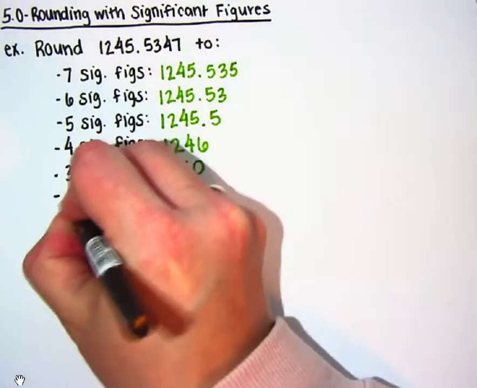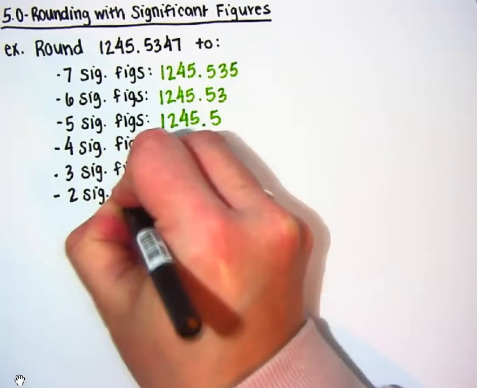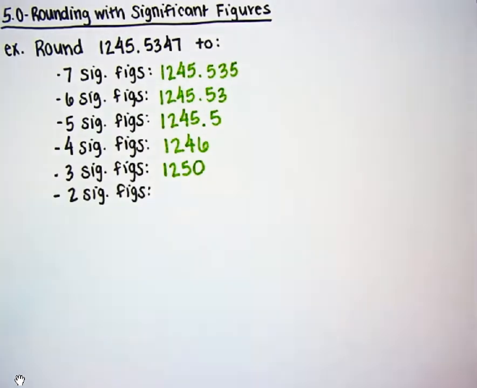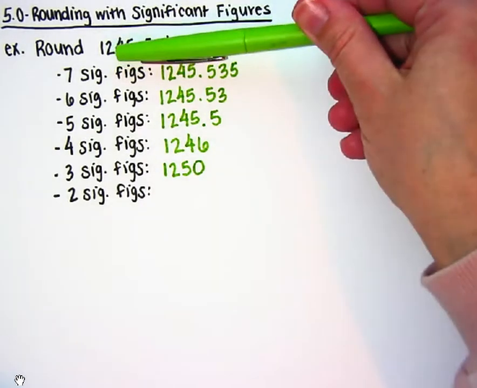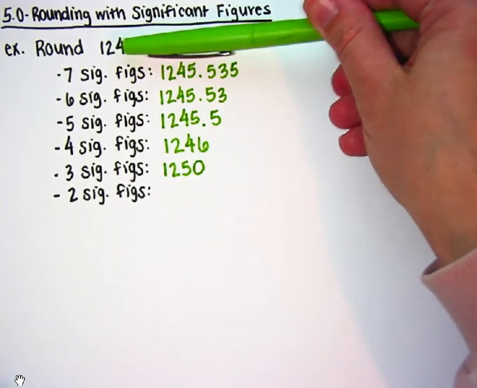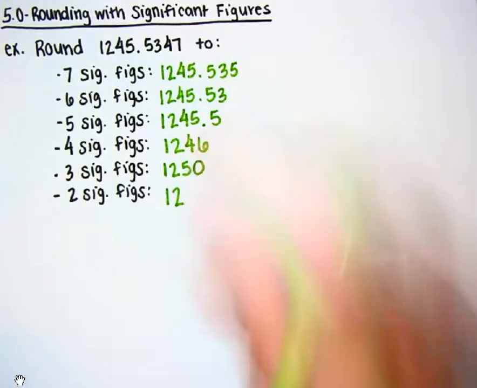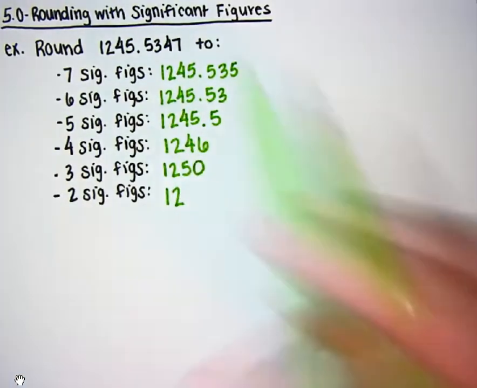Let's go to 2 significant figures. Again, I'm going to keep the first 2 digits. Just look at the one number following it. It is less than 5, so we do not round up. Again, we don't want to double round.